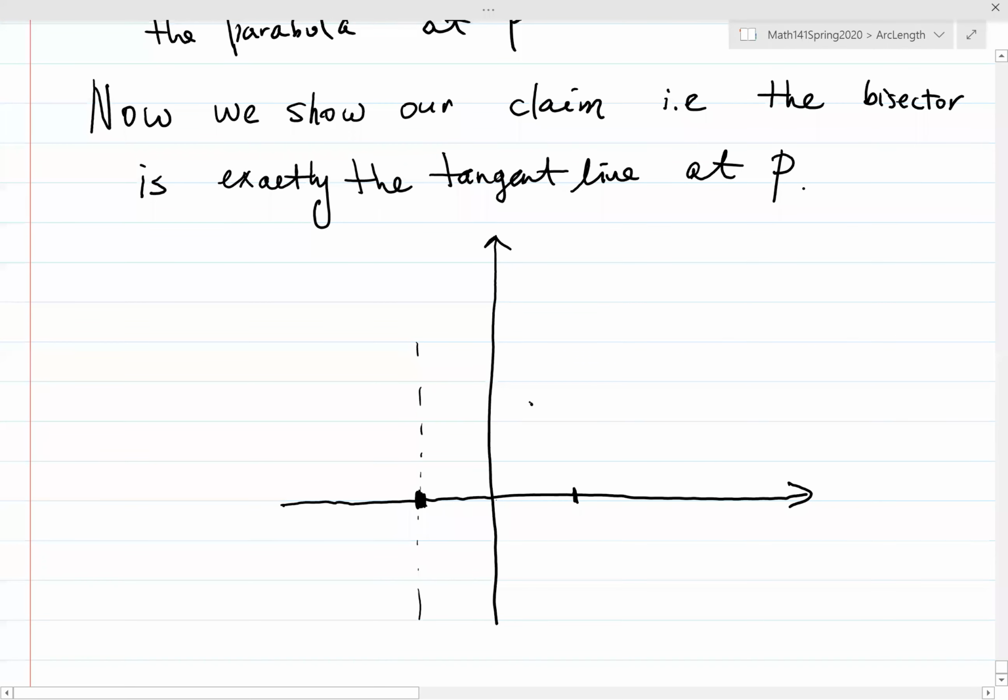Now if you plot the points that have equal distance to the line and the curve, then you get the parabola. Suppose we have this curve, and this point P. This is F. This is our R here.